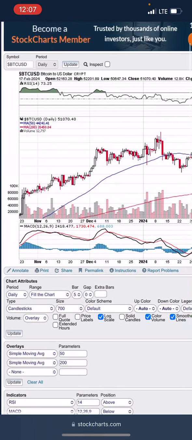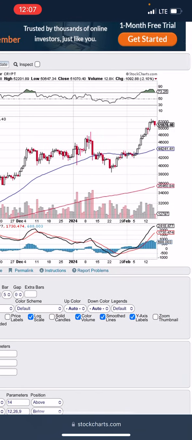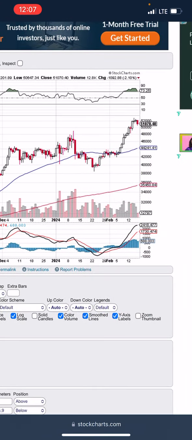As you can see down here with the MACD, it says MACD, the 12, 26, and 9. That's the MACD. When the red and black line cross, that turns the MACD negative, which will cause computer algorithms to sell off Bitcoin.